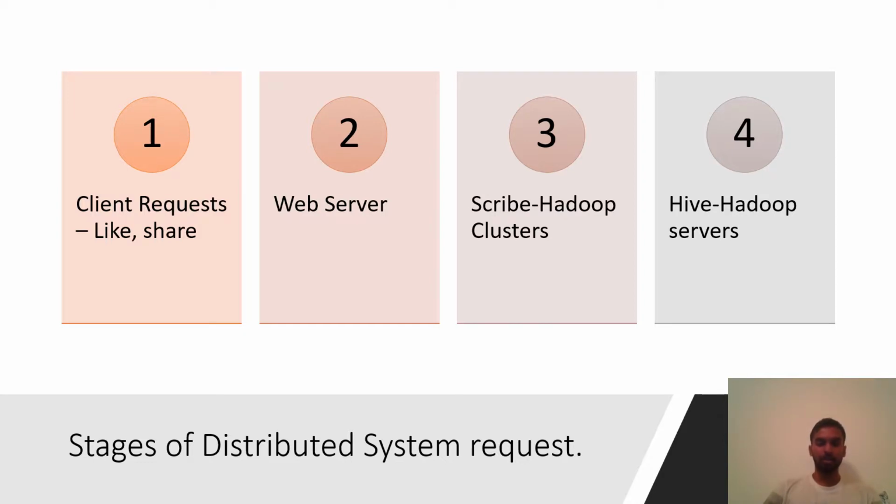Then the data is sent to the Scribe Hadoop cluster, and whenever the client wants any data back, or wants to see a message, the Scribe Hadoop cluster relocates the data and brings it back.